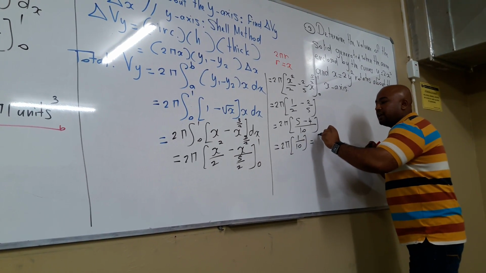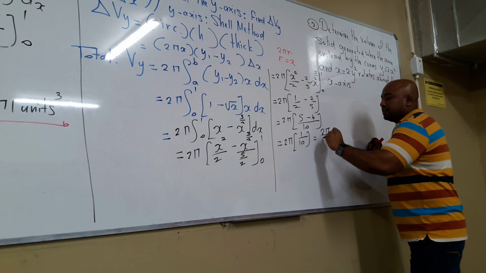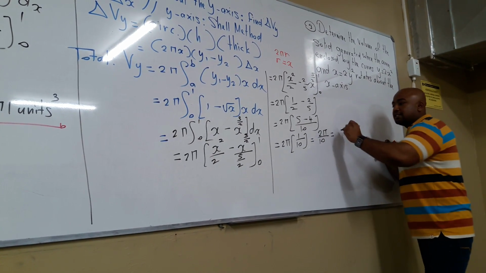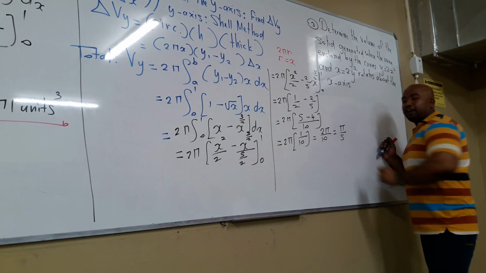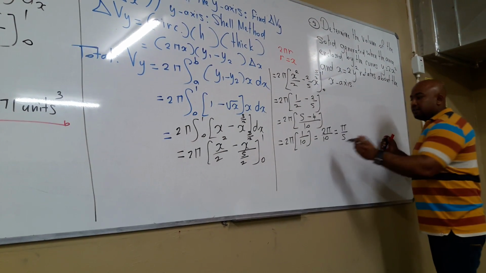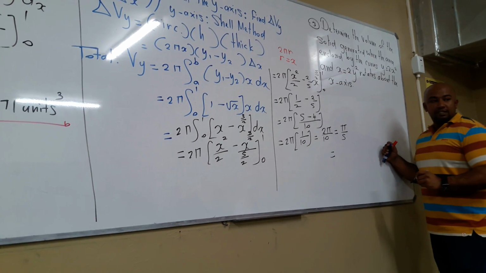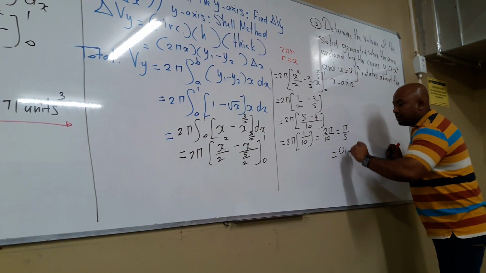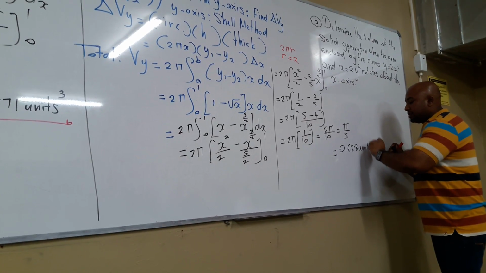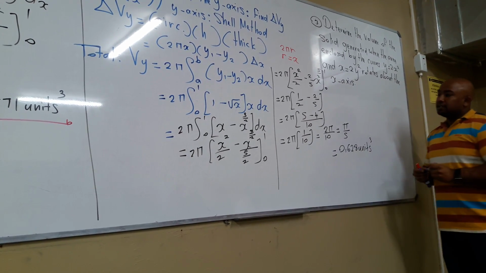So this is the same as 2 pi over 10. And 2 pi over 10 is pi over 5. Did we get pi over 5 yesterday? Yes. Pi over 5 is 0.628 units cubed.